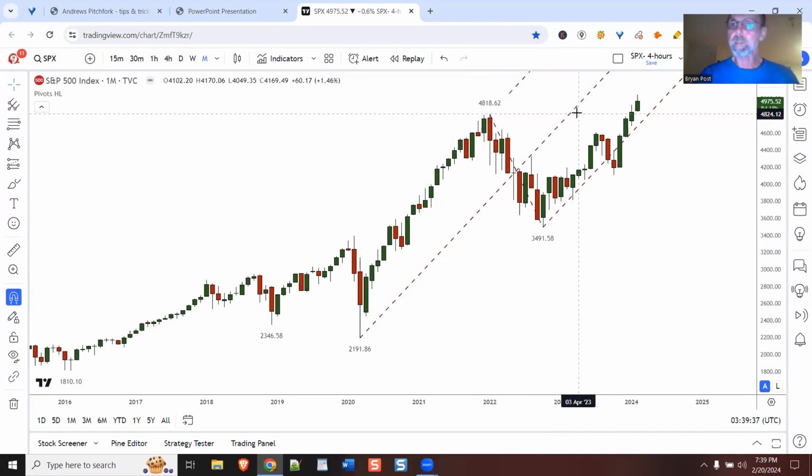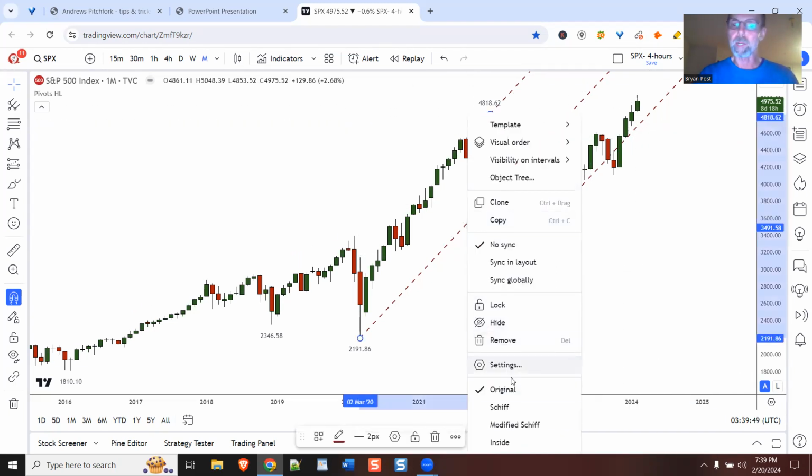And we can see that price isn't really behaving well in this fork. So I would not consider this a valid fork. But before we give up on it, we want to look at the Schiff and modified Schiff versions of this fork.